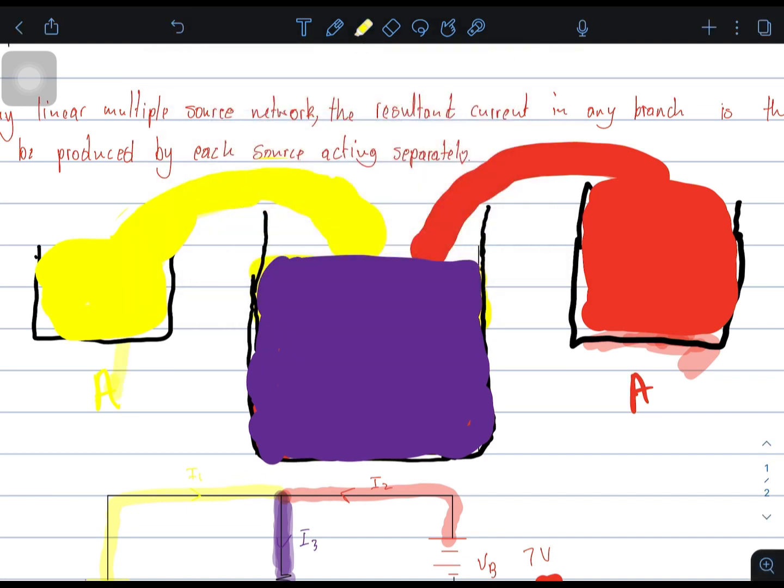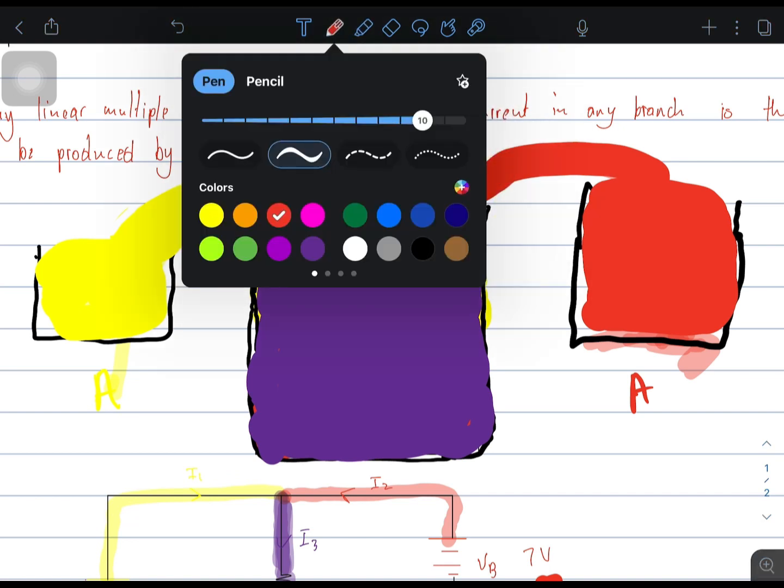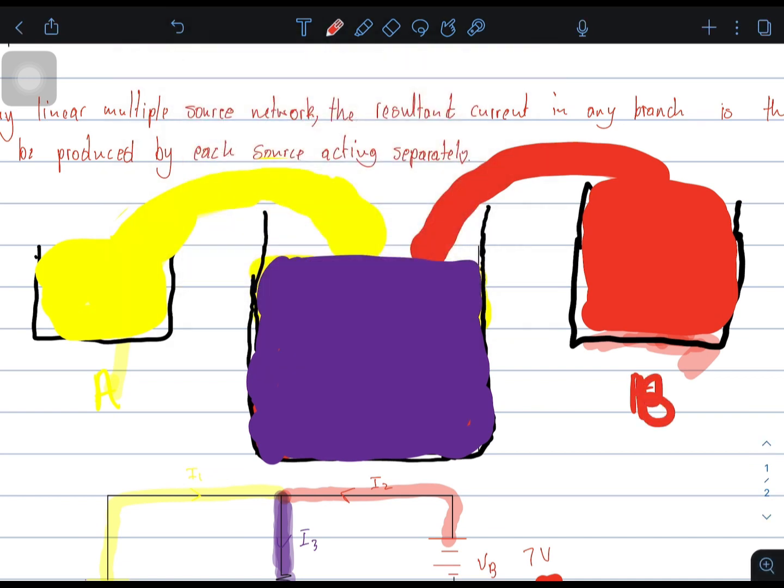Let's say we pour water from tank A, this one, into this bigger tank. Then we pour water from tank B.